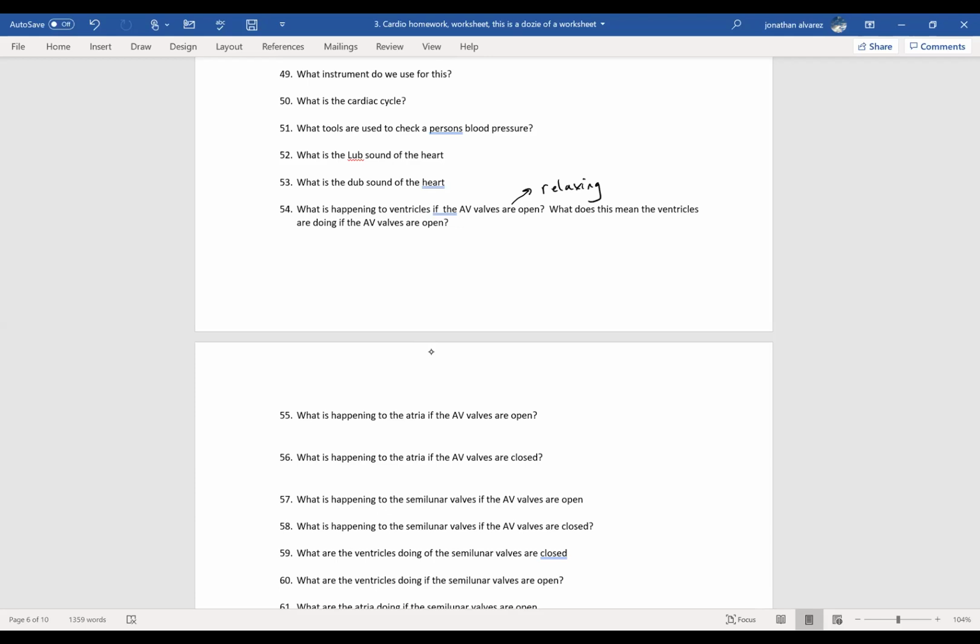Now, obviously, this can get confusing, so you have to really pay attention to what the question is asking. If the AV valves are open, the semilunars are closed. If the ventricles are squeezing, then the semilunars are open and the AV valves are closed.